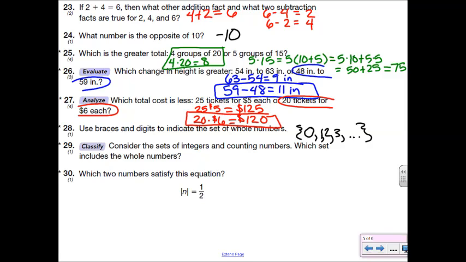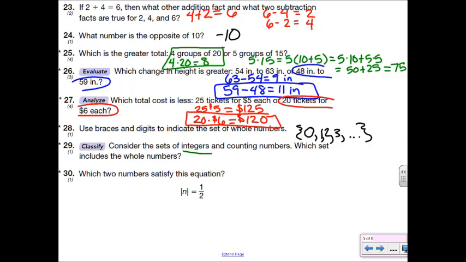And the next one, it says, consider the sets of integers, and integers, remember, is whole numbers and negative whole numbers, and counting numbers. Which set includes the whole numbers? Well, counting numbers, you don't start with 0, you start with 1. So we have to use the integers. Integers will include 0 and then positive 1, 2, 3, 4.